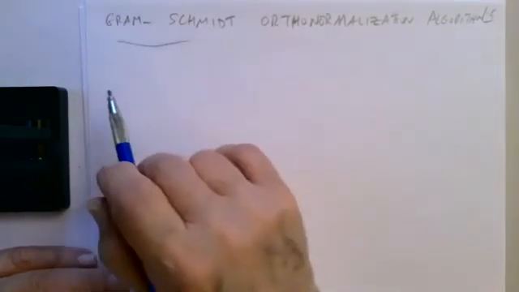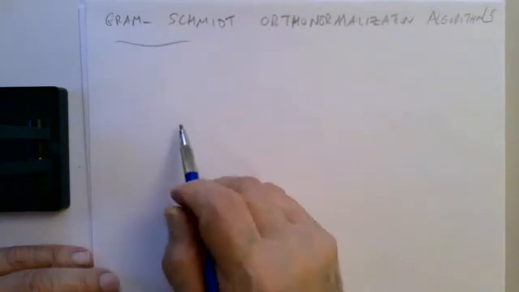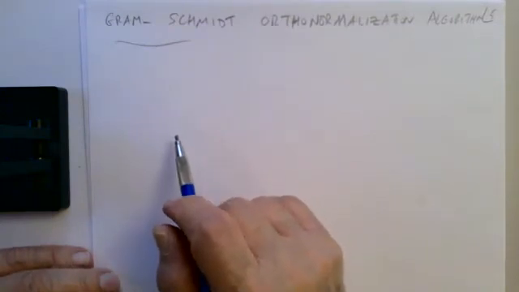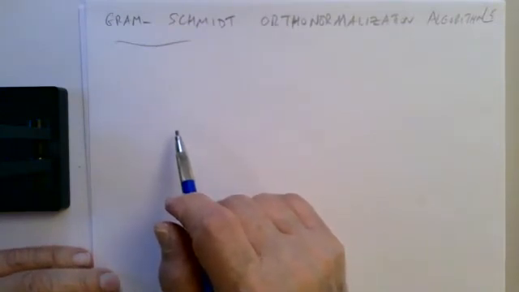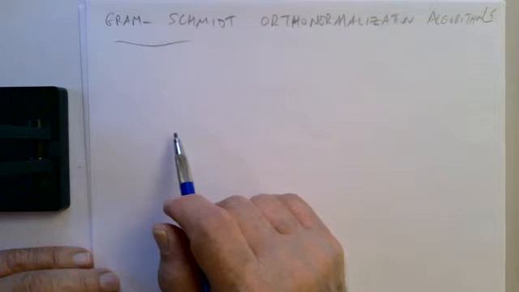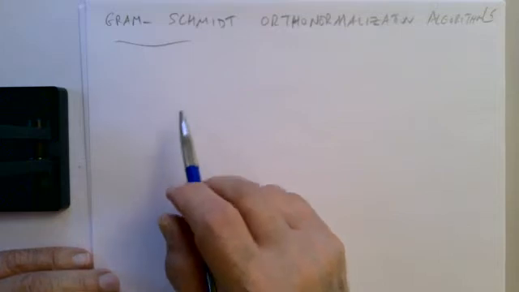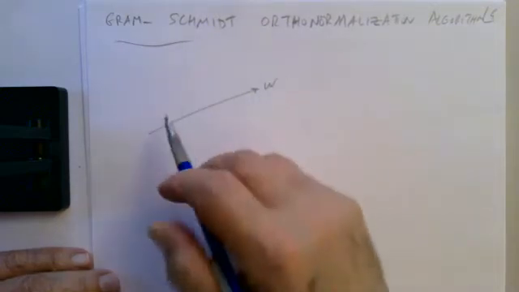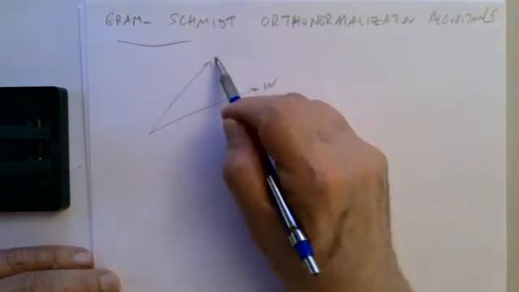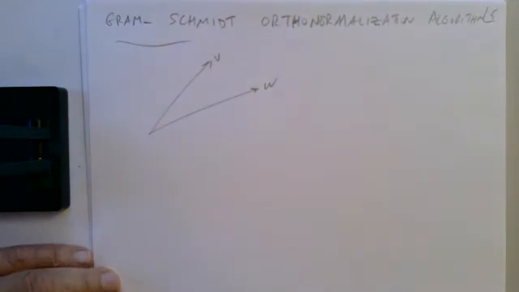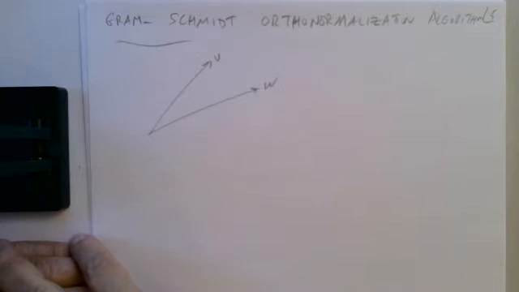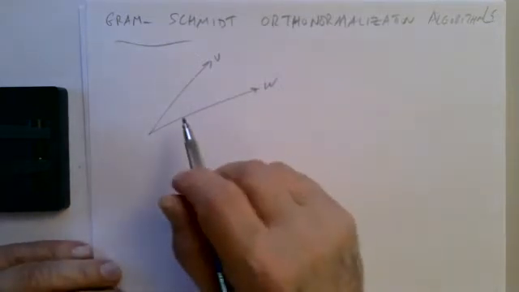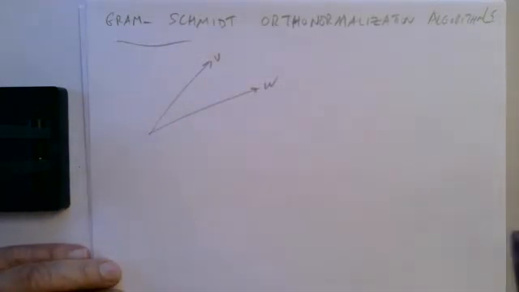And it starts with a little bit of geometry. Suppose you have a vector w and a vector v, and I want to do what you might have seen a lot if you took elementary physics.